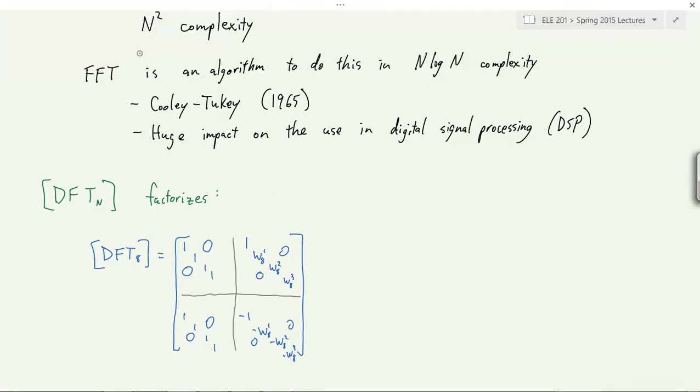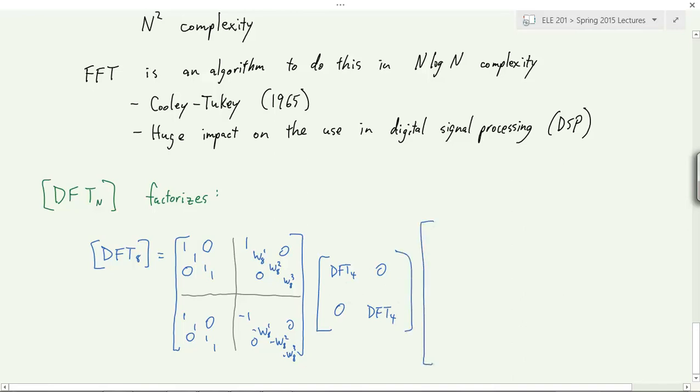Now, the next thing is we do a matrix here that is in fact DFT4, 0, 0. And then the last part is also a simple matrix, something that just rearranges the terms so it looks like this.